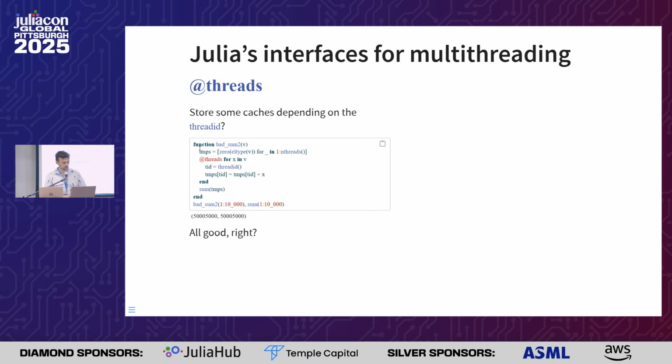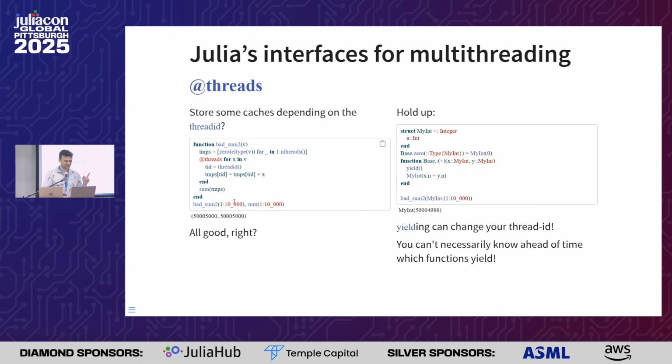So the suggestion that came about, which is even in the blog post announcing our threading infrastructure, is to create some temporary stores equal to the number of threads, and then in your loop, ask for the current thread ID, and then mutate that temporary storage. This one's especially nasty because it usually gives you the right answer.